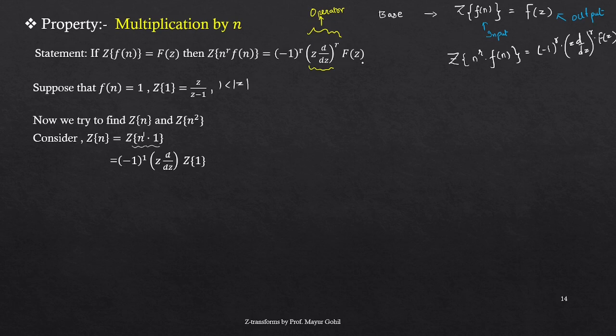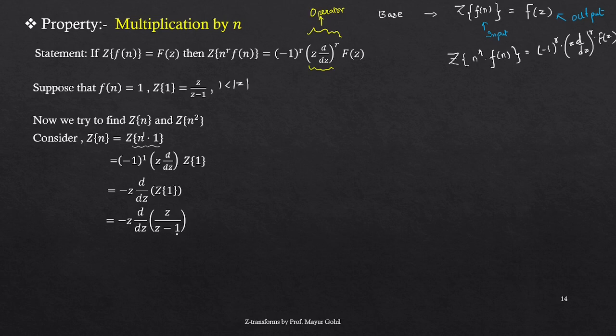What is F(z)? F(z) is the Z transform of f(n), so it is the Z transform of 1. Now this operator is actually operated upon the Z transform of 1, and the Z transform of 1 is z over z minus 1.